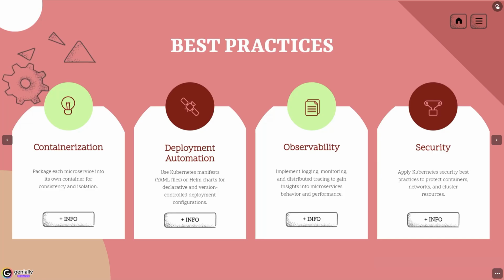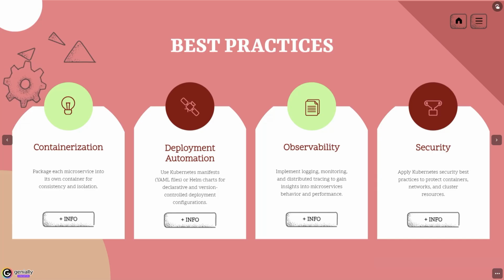And observability. Implement logging, monitoring, and distributed tracing to gain insights into microservices behavior and performance. And security. Apply Kubernetes security best practices to protect container networks and cluster resources.